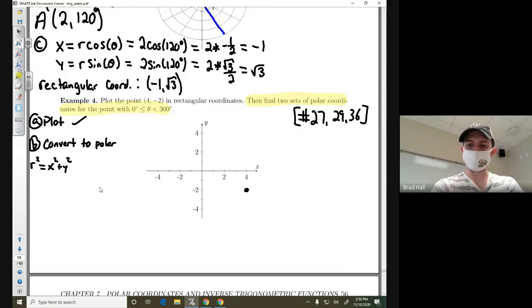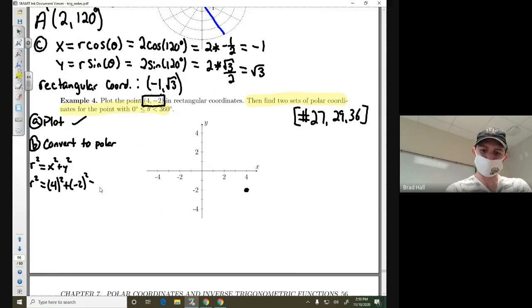The point that they gave us is (4, -2), which tells us that r squared is equal to 4 squared plus (-2) squared. So what is that? That's 20. And r is just the square root of 20. So if anything, that's the radius.